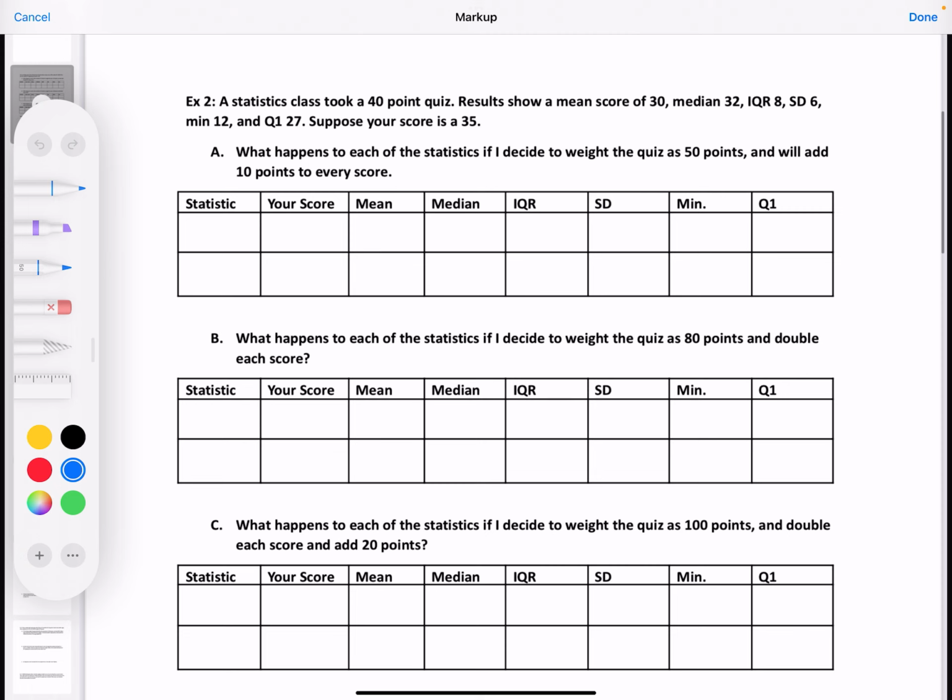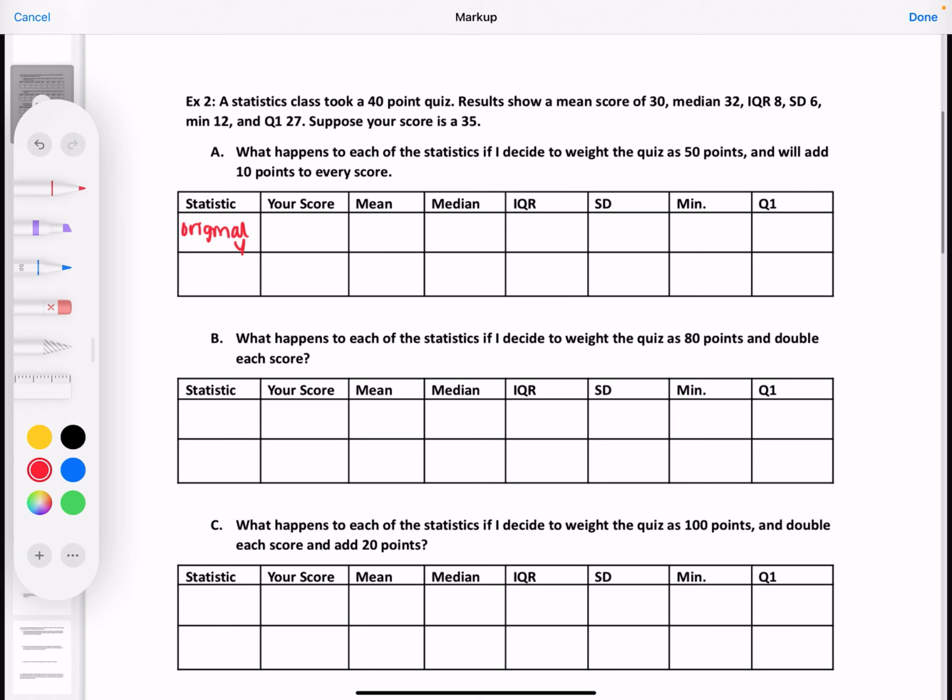So we plug in the numbers, the statistics that we start with, so the original Y value. Then what happens to each of the statistics if I decide to weight the quizzes as 50 points, and we'll add 10 points to every score.